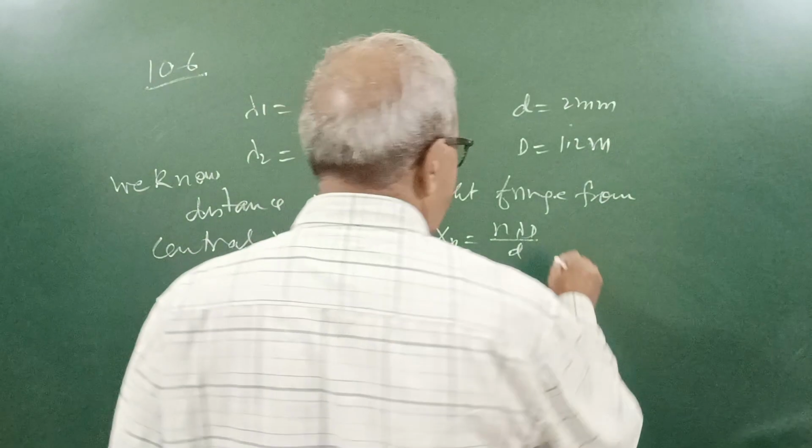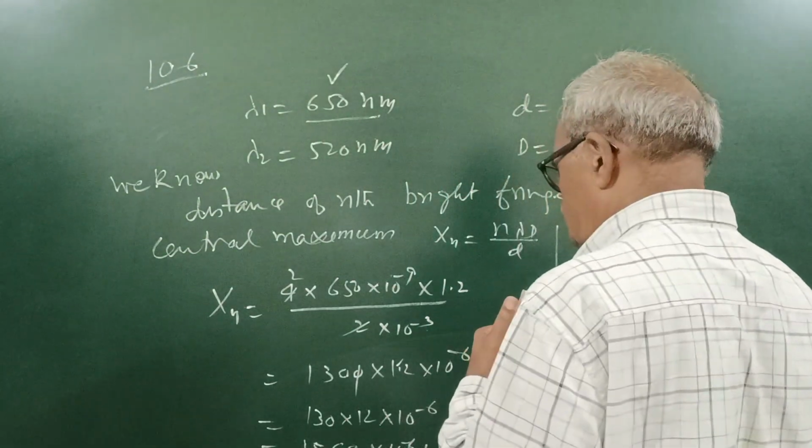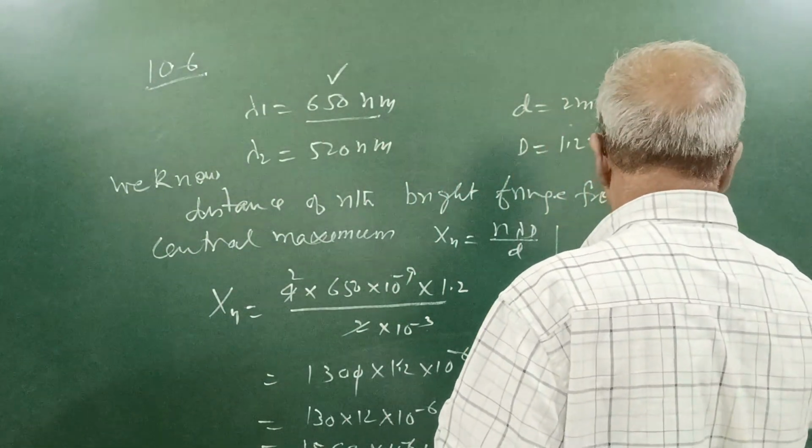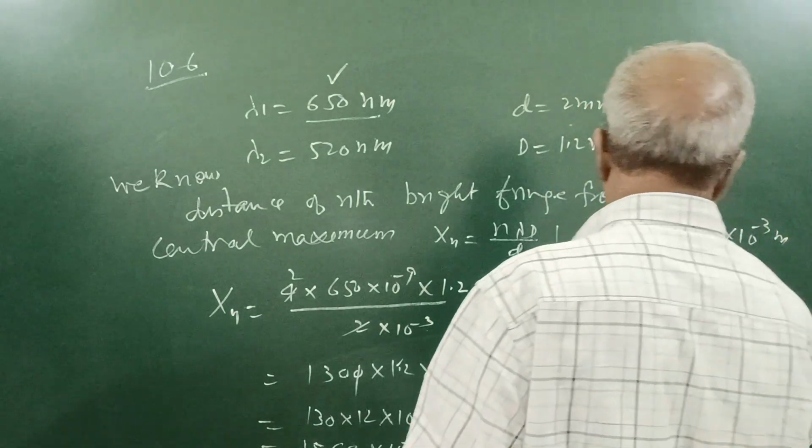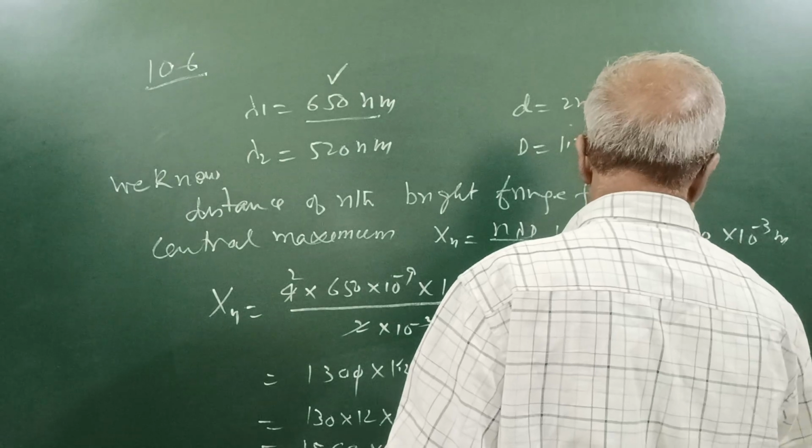Or you can write it as x equal to 1.560 into 10 to power minus 3 meter, or about 1.5 millimeter.